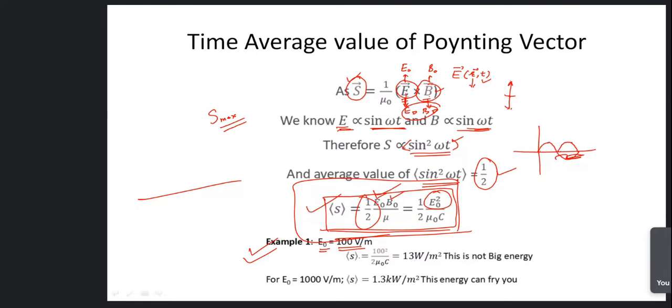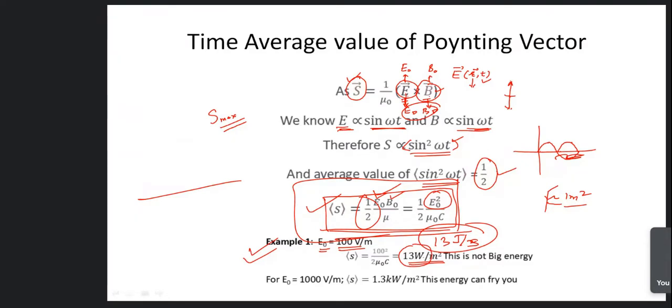This is the Poynting vector. This much energy will flow through unit area in unit time, or through you, because our body area is roughly 1 meter square. So 13 joules per second of energy will flow through you in 1 second.